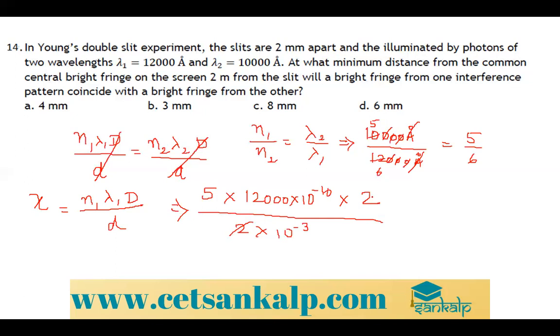So 2 and 2 get cancelled. So 10 to the power minus 3 divided by 10 to the power minus 10 becomes 10 to the power minus 7. So 5 into 12 is 60, so 60 into 10 to the power minus 7.